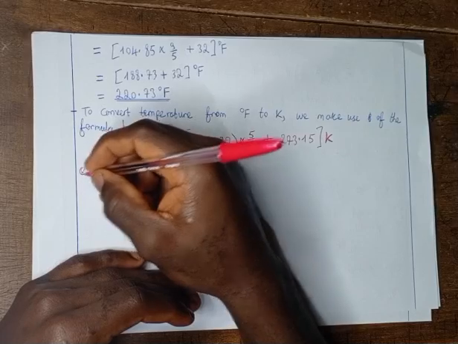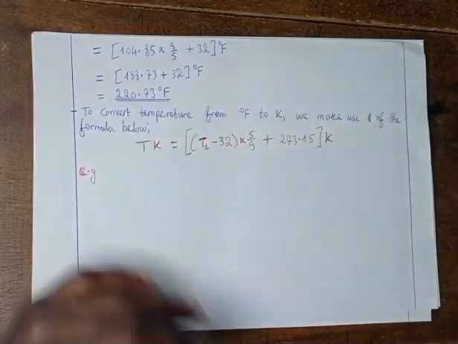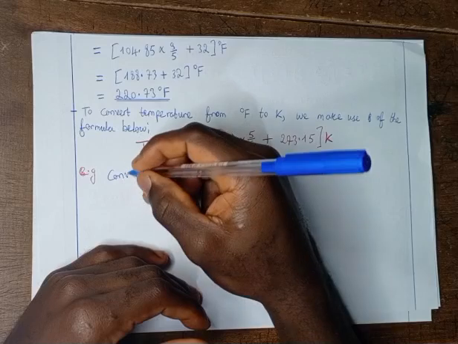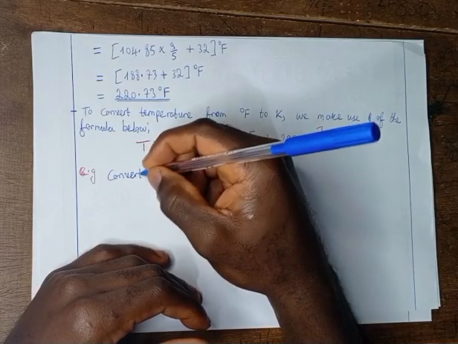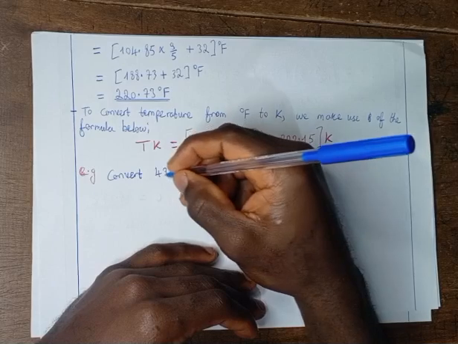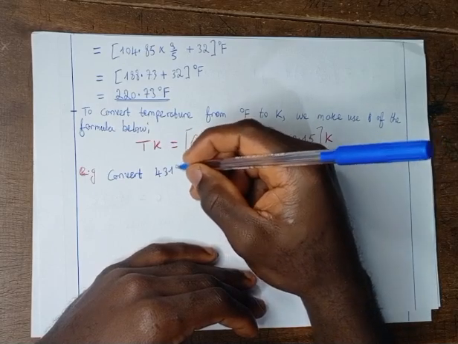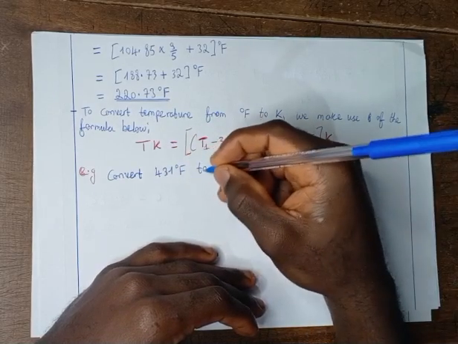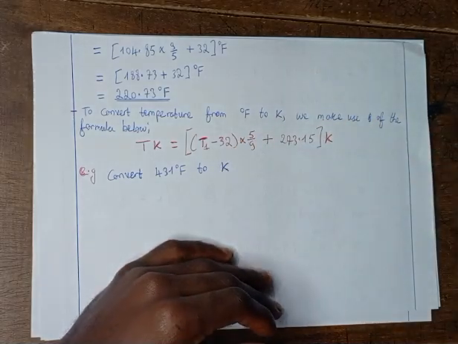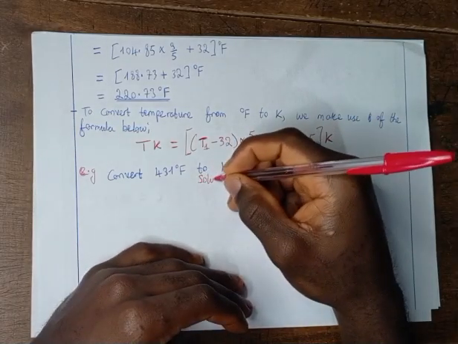Let's take an example, e.g. convert 431 degrees Fahrenheit to Kelvin. Take down the solution.